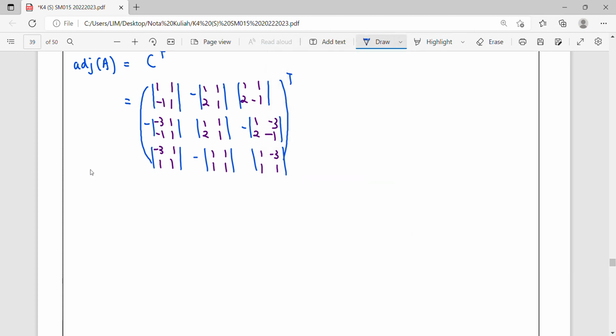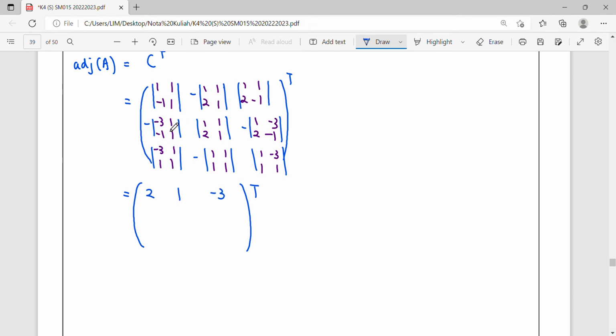Then we perform our concept of minor, which is AD minus BC. So 1 minus negative 1 gives us 2. And then 1 minus 2, negative 1, negative, negative becomes positive. And then negative 1 minus 2, negative 3.